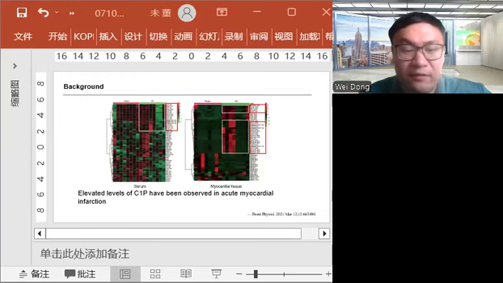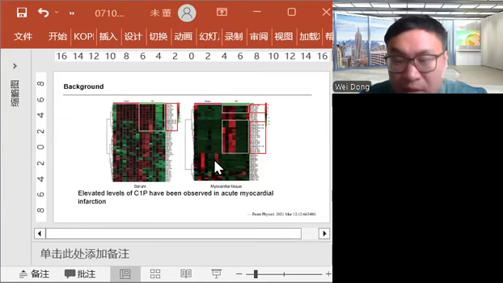Previous studies have reported an increase in C1P level in cases of myocardial injury.